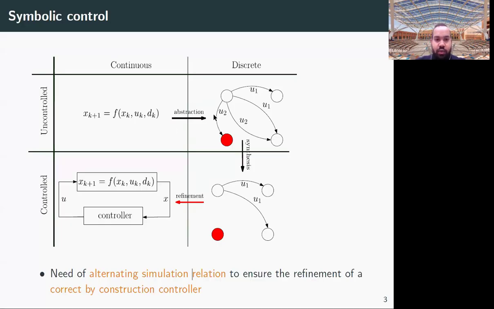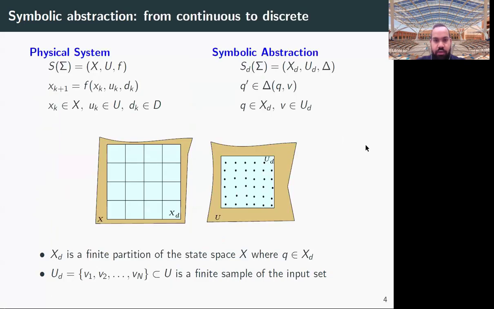So now I will explain what an abstraction is and how we construct it. So let's consider this physical system that is modeled by X, which is the set of states. So X is this region. As you can see, this region is not necessarily convex.